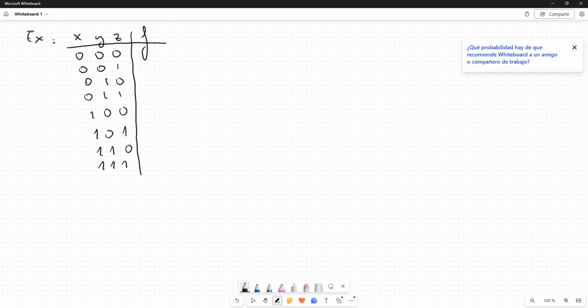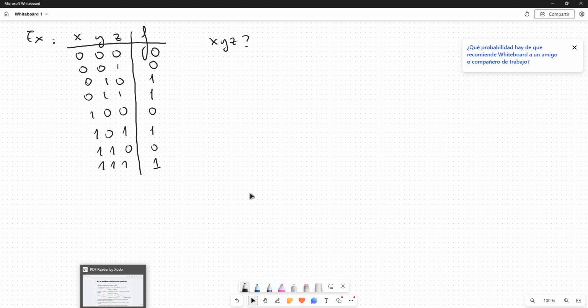And the function is like this. It's just an example of function, okay? The function may be different. So, is this an implicant?